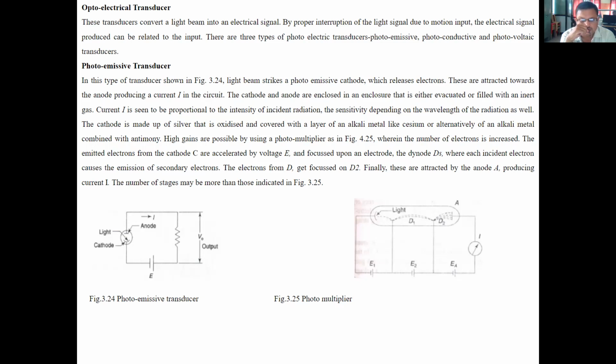The electrons from D1 get focused on D2. Finally, these are attracted by the anode A, producing current I. The number of stages may be more than those indicated.